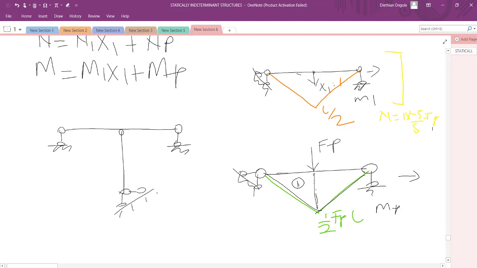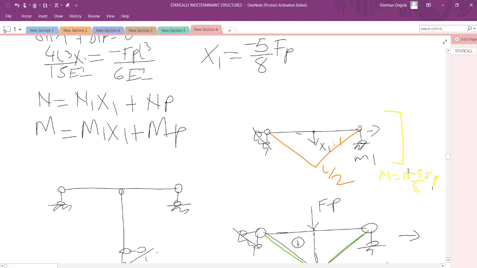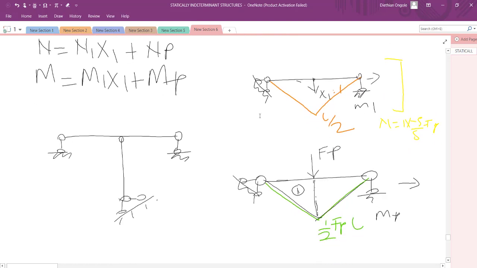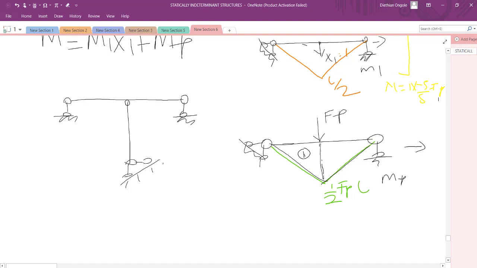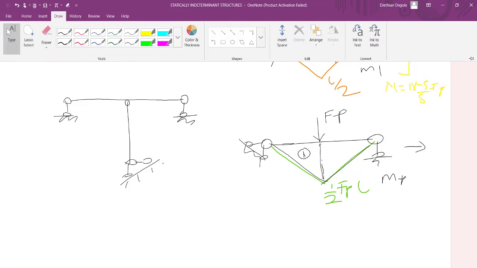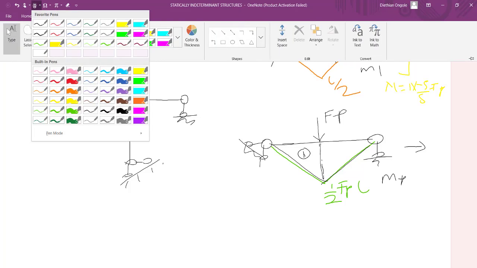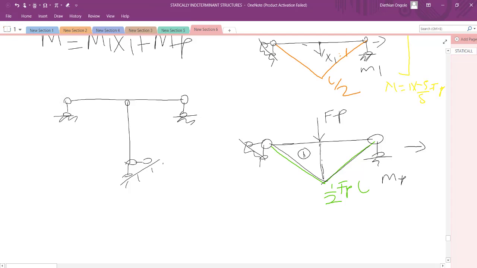So we get our axial force as negative 5 over 8 FP. Besides that, when you look at our MP drawing here, we do not have any axial force, so the value would be 0. When I add 0 plus negative 5 over 8 FP, my axial force is given by negative 5 over 8 FP.